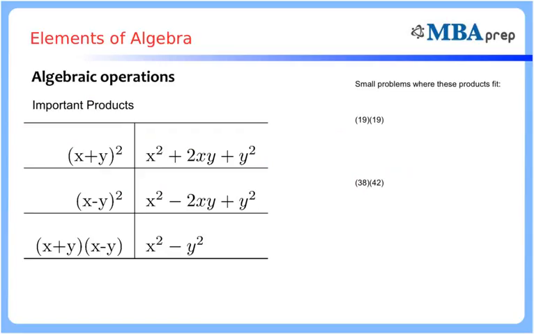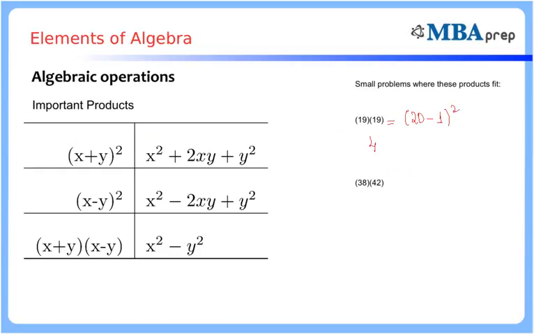These are important products that you might have already seen during your school life. But have you imagined how good they would be to solve situations like this? 19 squared is the second product. So 19 is nothing more than 20 minus 1 squared.